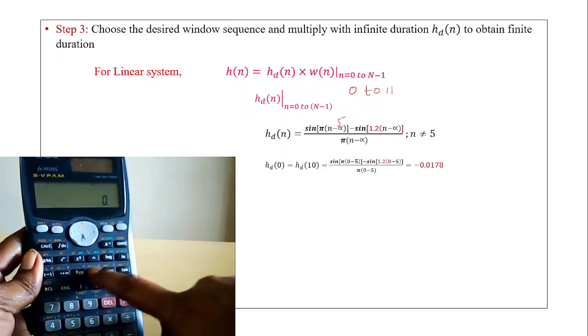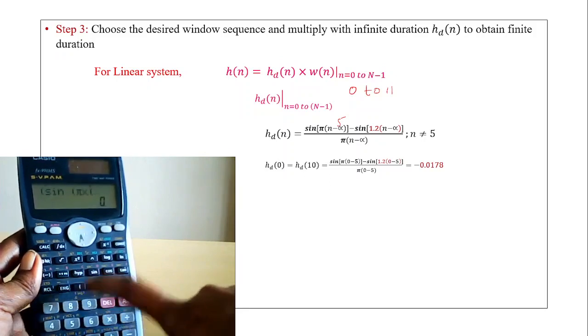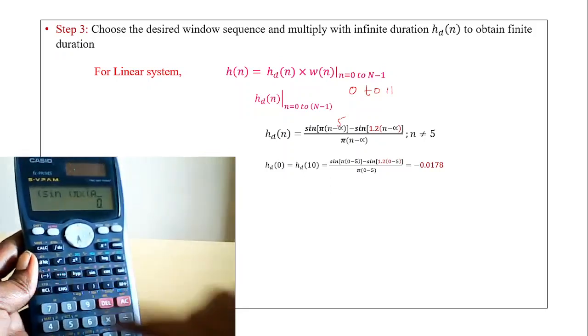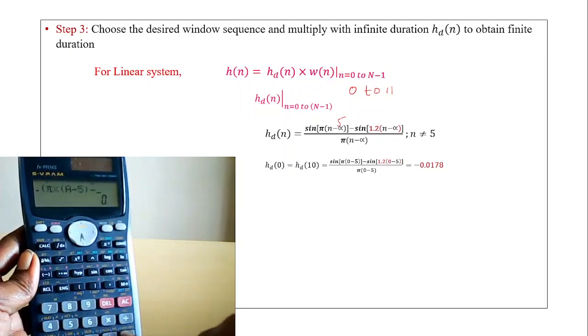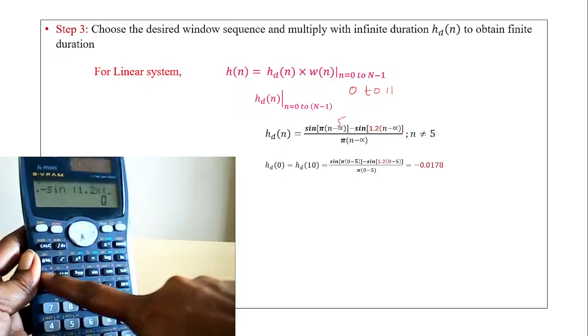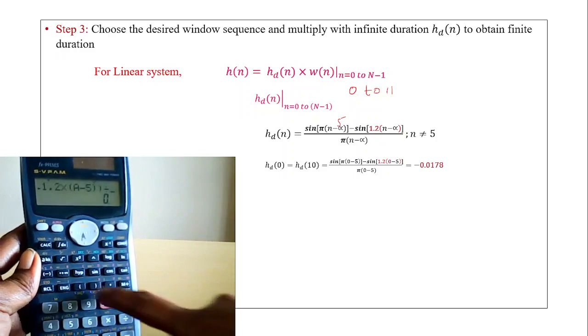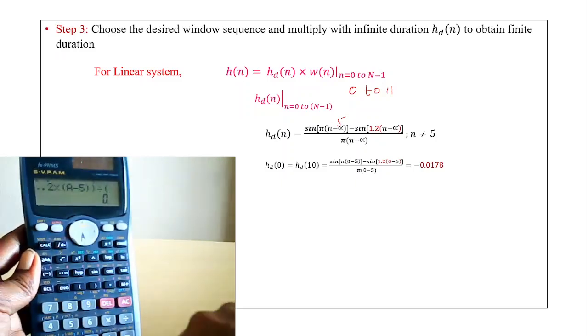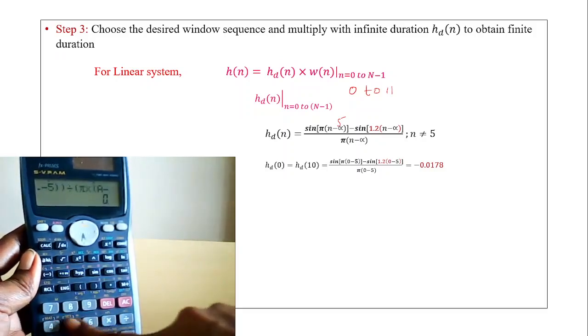Open bracket sin open bracket pi into (n minus alpha) close bracket, minus sin open bracket 1.2 into (n minus 5) close bracket, divided by open bracket shift pi into (n minus alpha).